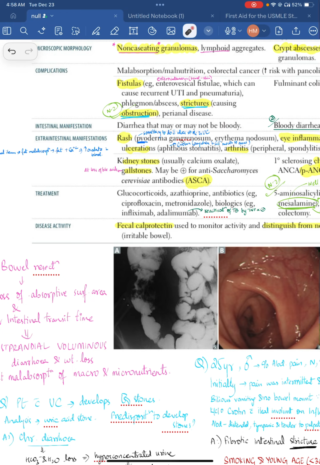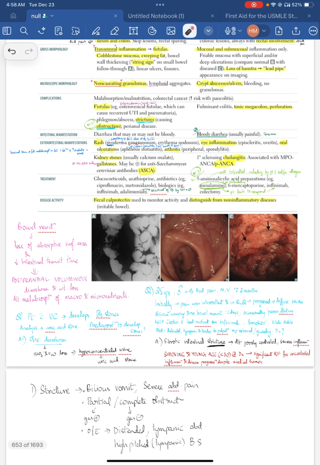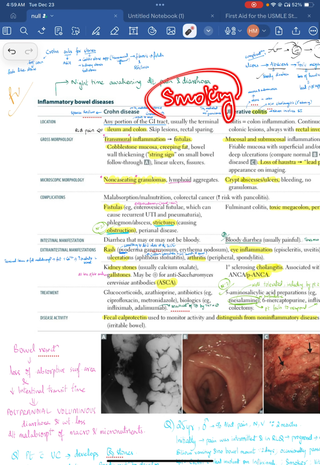Both of them are TNF alpha inhibitors. Now coming to disease activity, fecal calprotectin is used to monitor activity and distinguish from non-inflammatory disease because it is an inflammatory marker. Other things that we should note is smoking is a protective factor in ulcerative colitis, but it causes flare-ups in Crohn's.